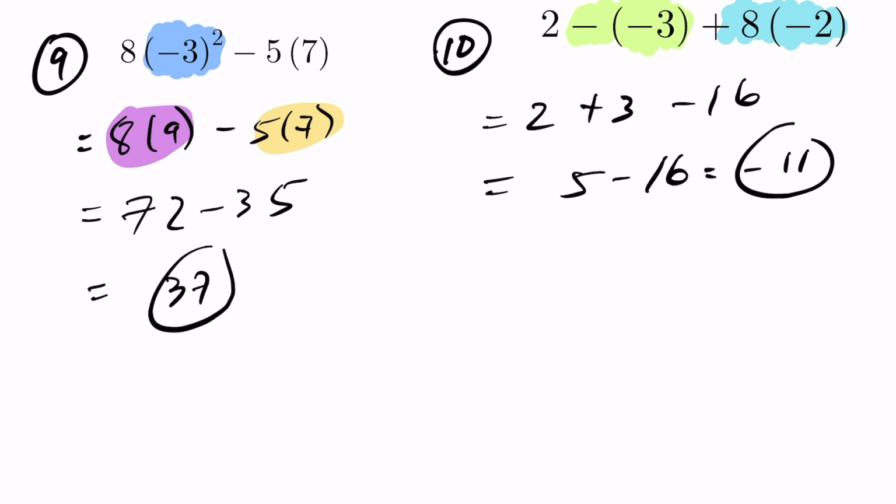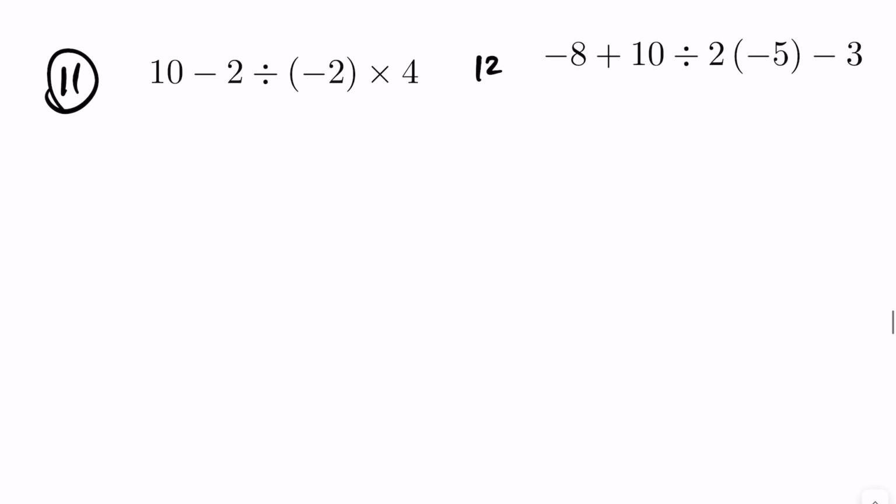All right, let's keep going. So for number 11 here, we want to tackle this problem. B for brackets, no exponents. Then I have division. So when I do division here, I'm going to grab the sign in front with this. Everything else I'm not touching, I'm going to write back down. Negative 2 divided by negative 2 is going to be equal to positive 1.